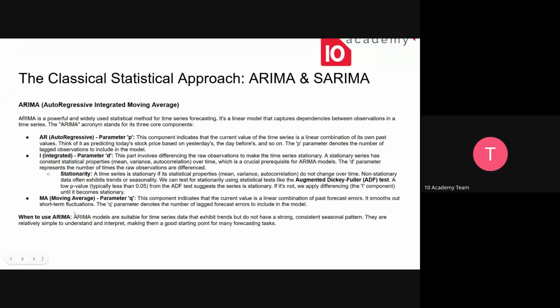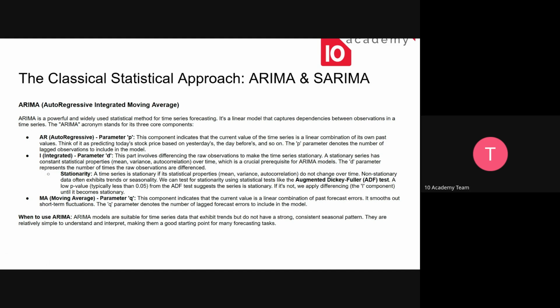So, when to use the ARIMA model. ARIMA models are suitable for time series data that exhibit trends but do not have strong, consistent seasonal patterns. They are relatively simple to understand and interpret, making them a good starting point for many forecasting tasks. Obviously it's time series data, and it's the first famous and easily applied model when it comes to time series data.